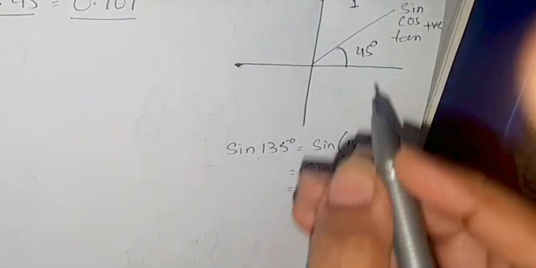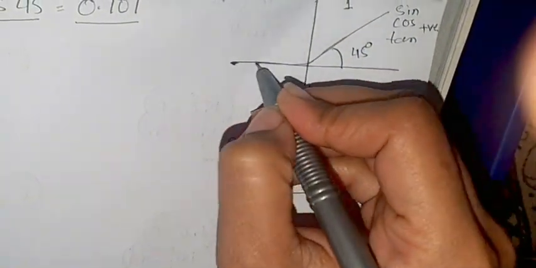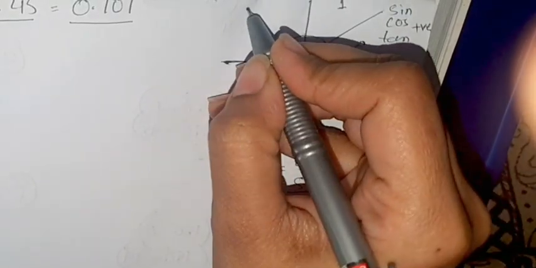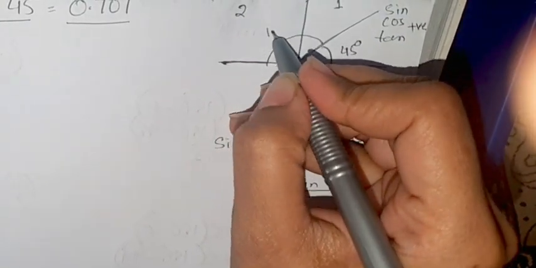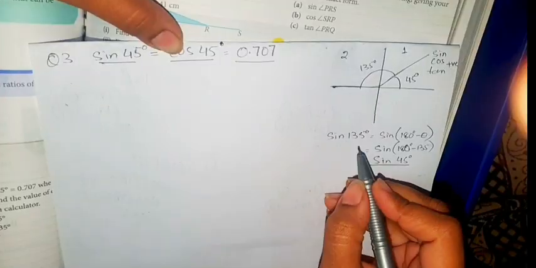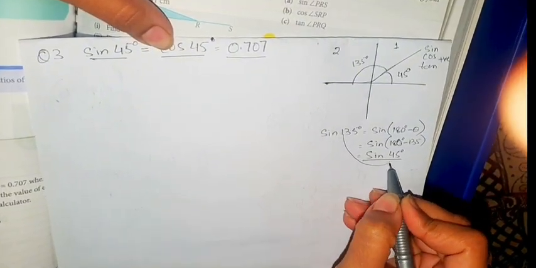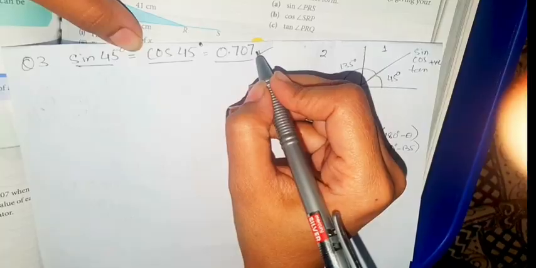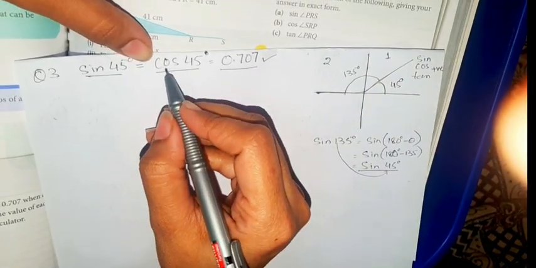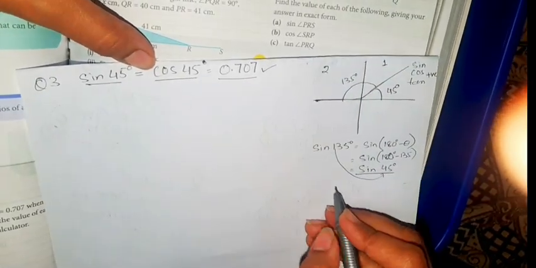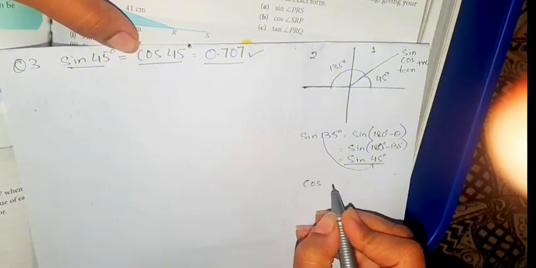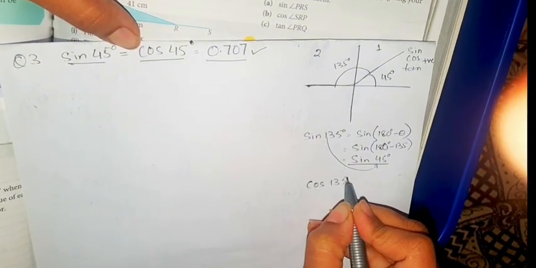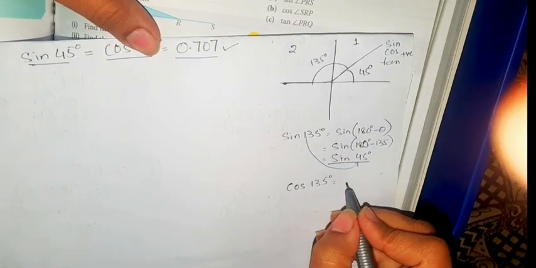We know that sine is always positive in the second quadrant, so sine 135 and sine 45 have the same value, that is 0.707.